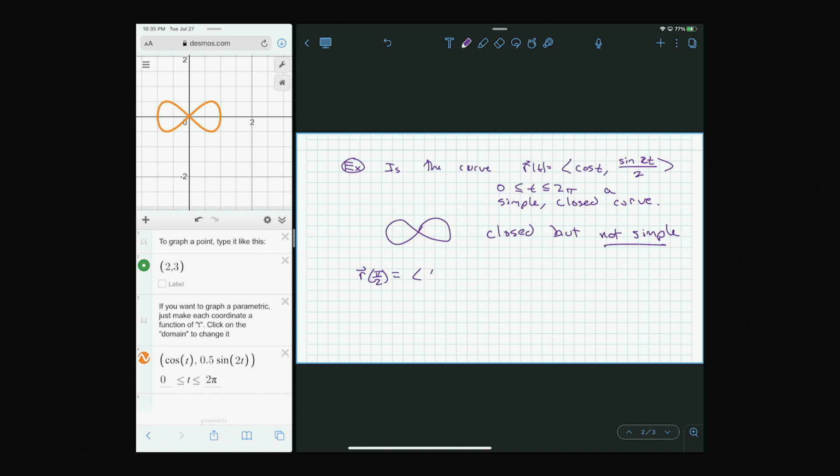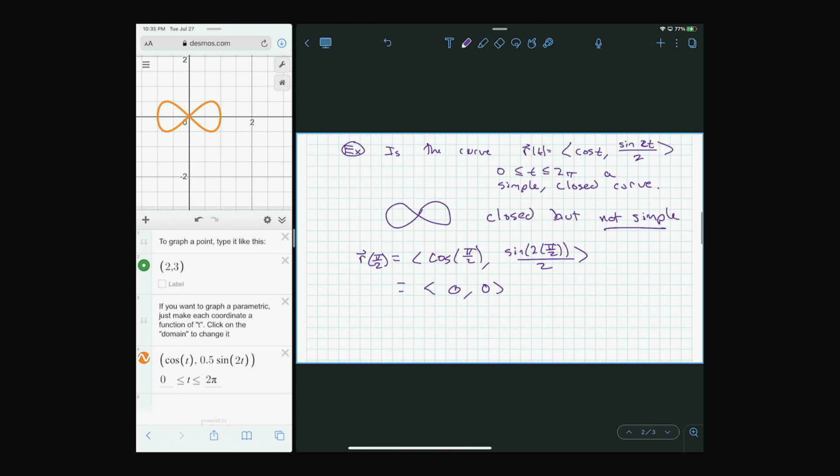If I plug in pi over 2, I got cosine pi over 2, comma, sine 2 times pi over 2, which is cosine of pi over 2 is 0. Sine of 2 times pi over 2 is pi, so sine pi, which is 0, so I get 0, 0.